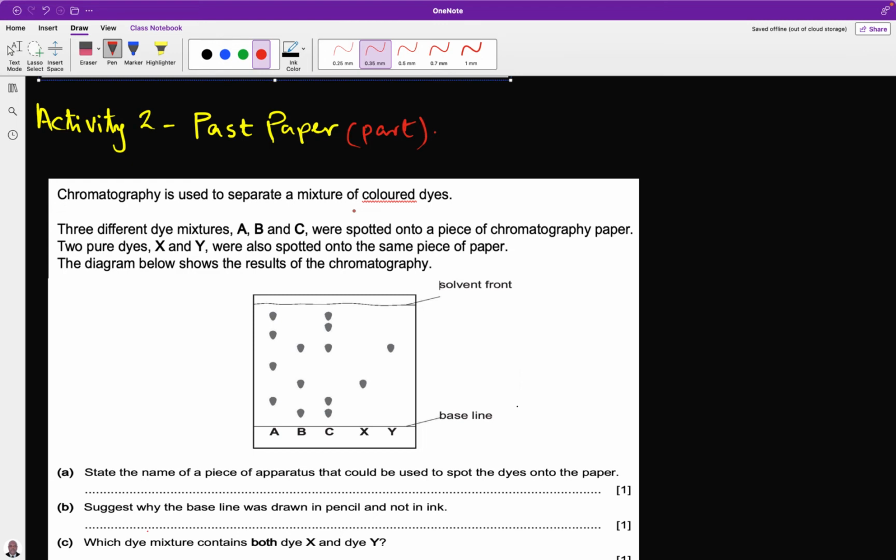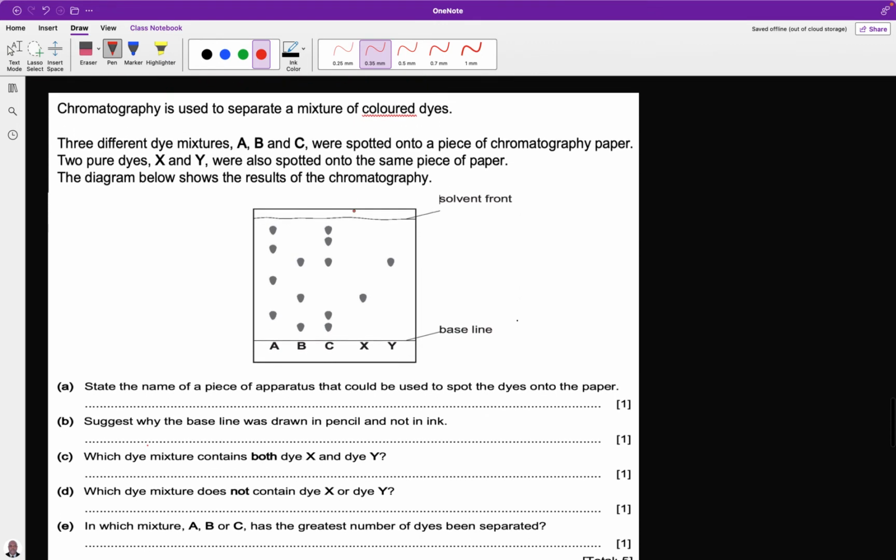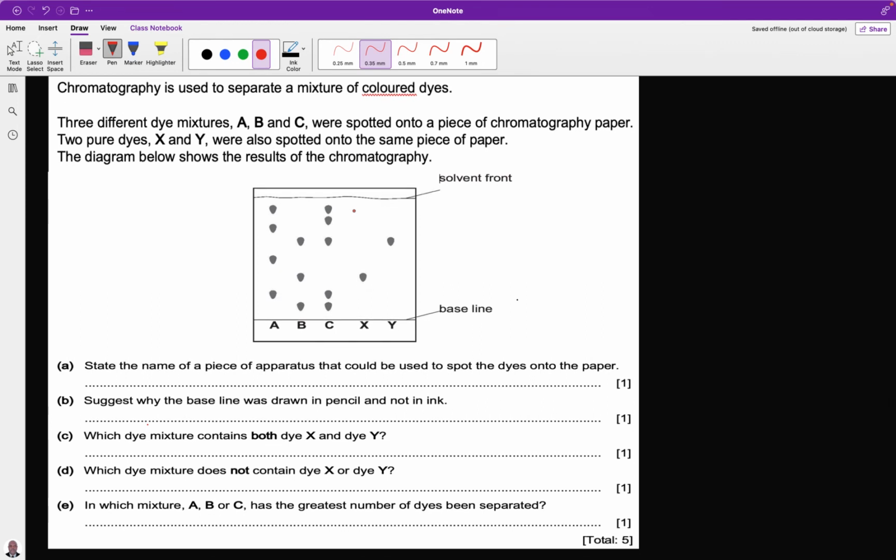Two pure dyes, X and Y, were also spotted onto the same piece of paper. The diagram below shows the result of the chromatography. That is the diagram. It shows the solvent front and the baseline, and it shows the different dyes and the pure dyes, X and Y.